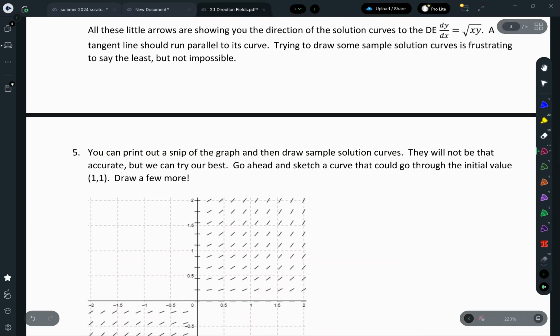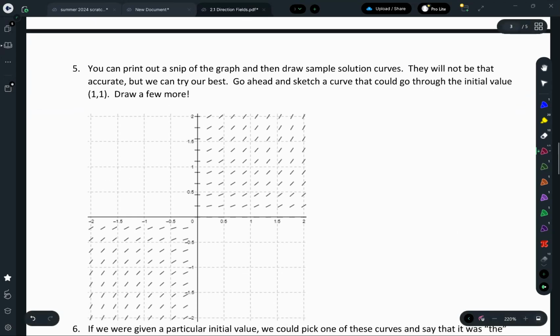I've already drawn some sample solution curves, but what if we were given an initial value? And in particular, what if we were given the initial value (1, 1)? Okay, well, if it's (1, 1), then it has to exist in the first quadrant, not in the second one, and it's going through right here at (1, 1).